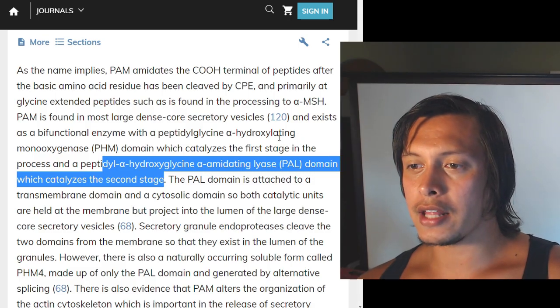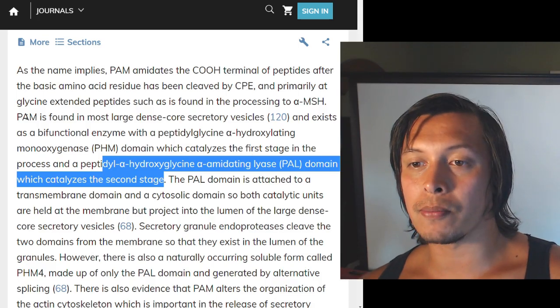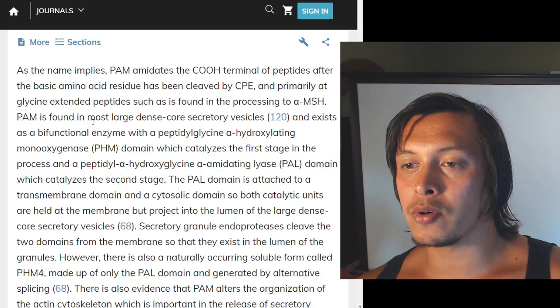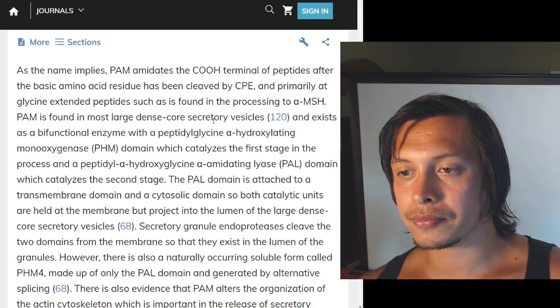So this was a paragraph for a sentence, so let's break this down. PAM is found in most large dense core secreted vesicles.